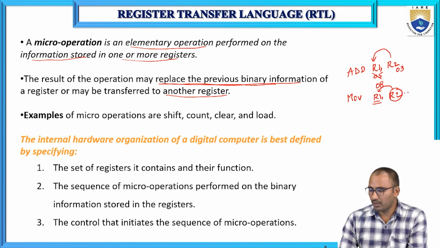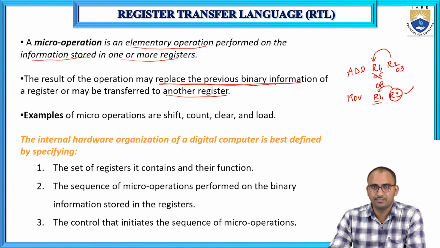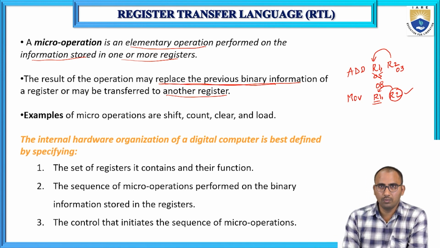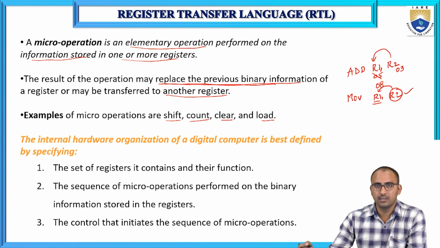So here we are performing a copying operation. Examples of micro operations include shift operation, count, clear, load, addition, and subtraction. These are all different examples of micro operations. Micro operation means the operations we perform on the data stored in registers.